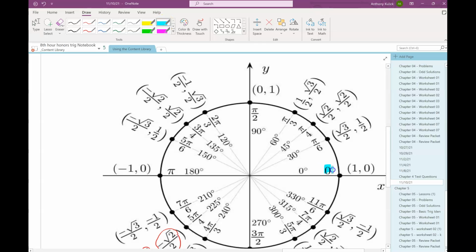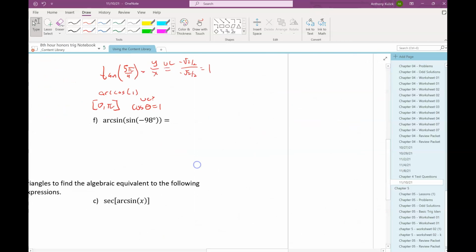So here's 0, and here's pi. I'm going to look for where the x-coordinate is 1 in there. The only place where that occurs is right here at 0 radians. So the answer there is just 0. Is that okay? Okay.